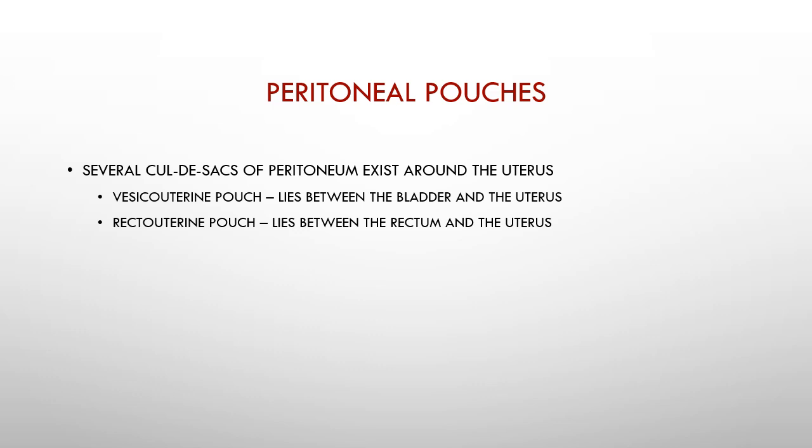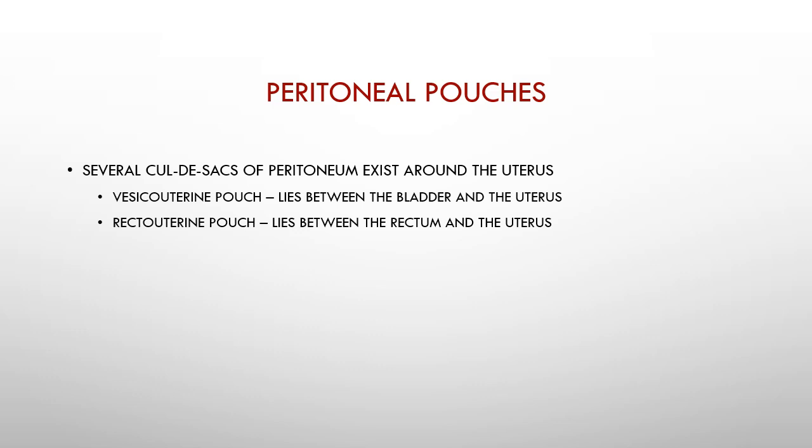Due to the placement of the uterus in the pelvis, it's essentially sitting in between the colon and the urinary bladder. It's going to create what we call pouches. And so we have these little spaces that exist behind and in front of the uterus. We have a rectouterine pouch, which is posterior. This is between the rectum and the uterus.